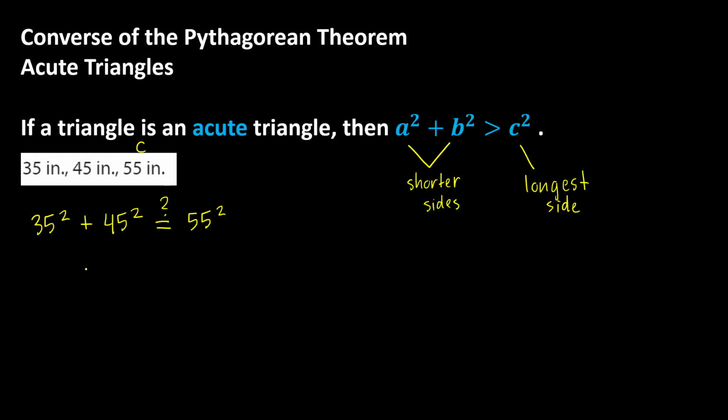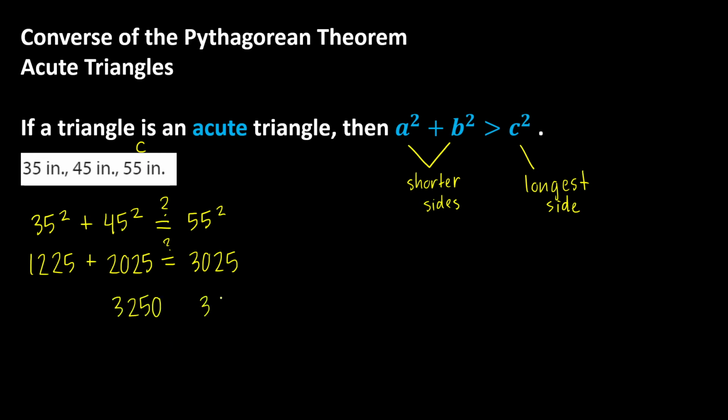So 35 squared is 1,225 plus 45 squared, which is 2,025. And 55 squared is 3,025. Adding the terms on the left together, adding a squared and b squared together, I am getting 3,250.